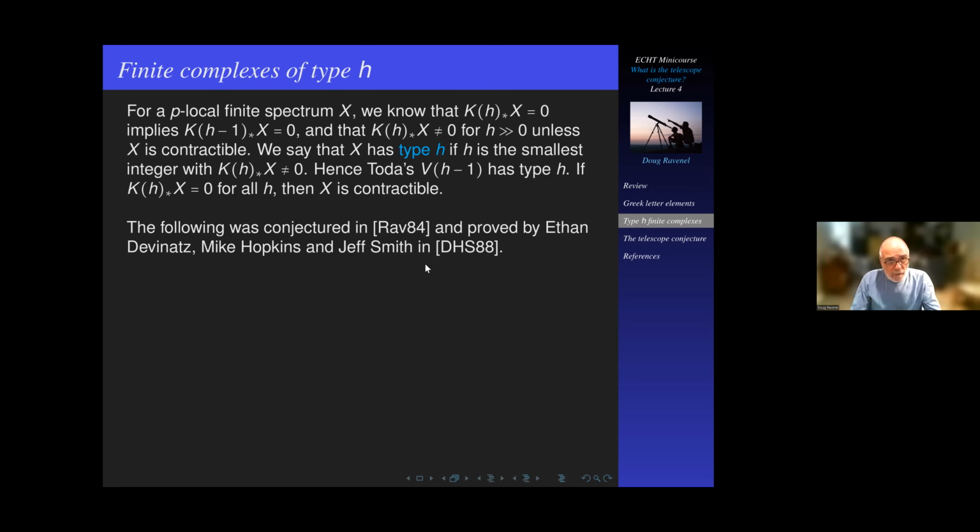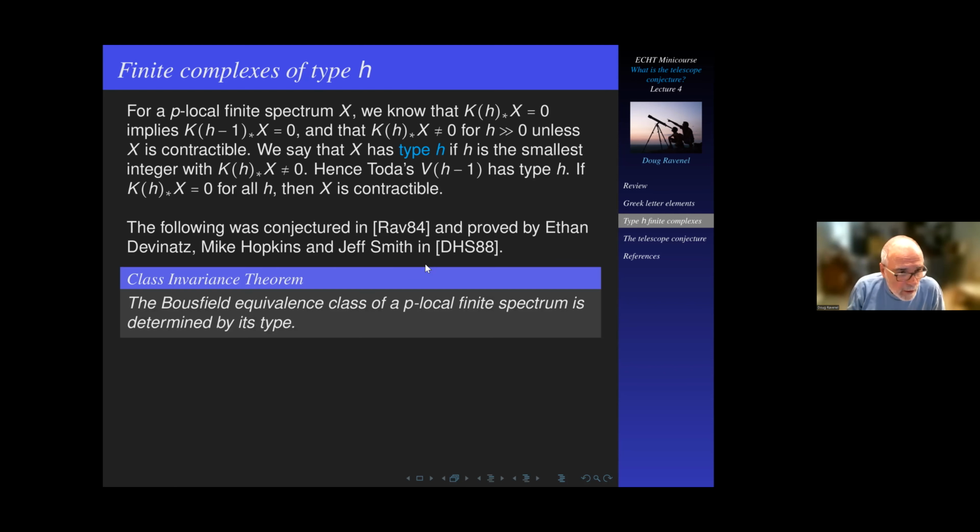Now, the following was conjectured by me and proven by Devinatz, Hopkins, and Smith in their 1988 paper, Nilpotence I. And it is this. The Bousfield equivalence class of a p-local finite spectrum is determined by its type as I've just defined it.